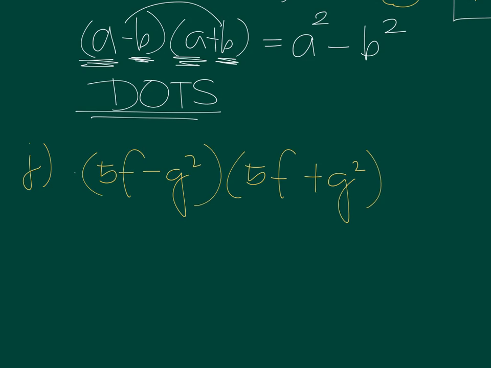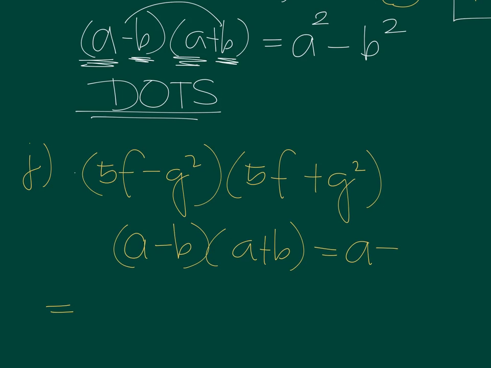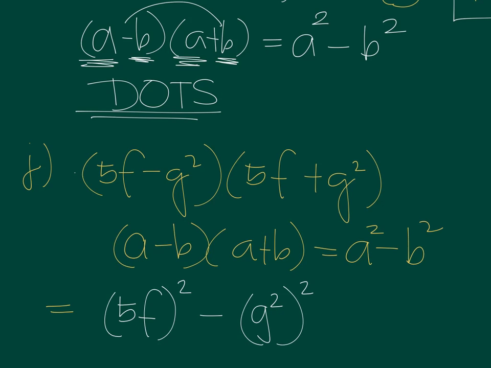As you can see, it follows the form (a - b) times (a + b). So all we have to do is perform a squared minus b squared. That will be (5f) squared, making sure you include everything in the parentheses, minus (g squared) squared.